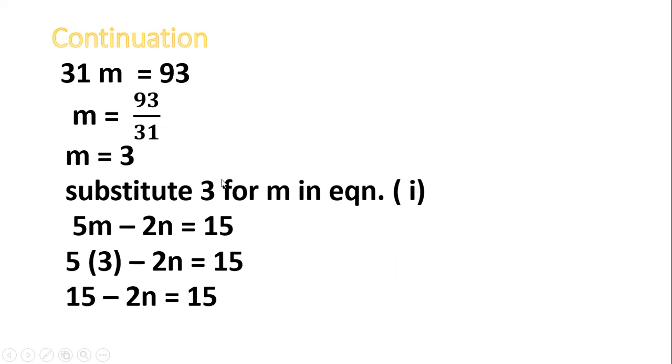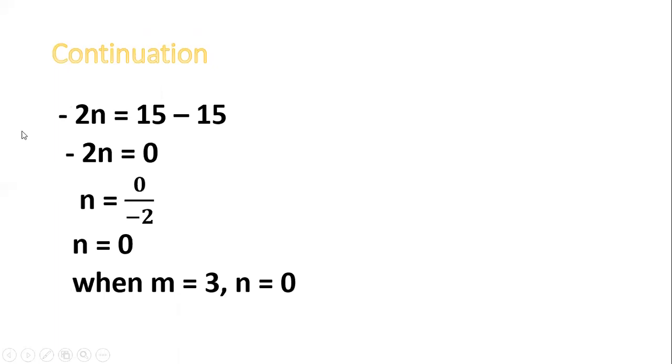So we substitute 3 for m in equation 1. Equation 1, 5m minus 2n equals 15. So 5 times 3, 15, then minus 2n equals 15. So 15 minus 2n equals 15. When positive 15 moves there, it changes to negative, so we have minus 2n equals 15 minus 15. 15 minus 15 is 0, so minus 2n equals 0.